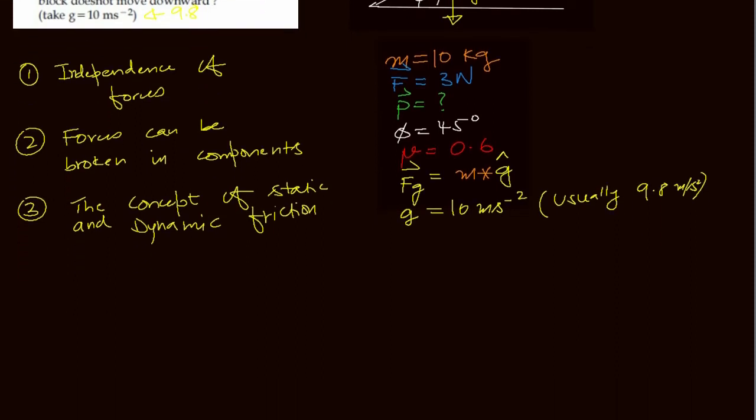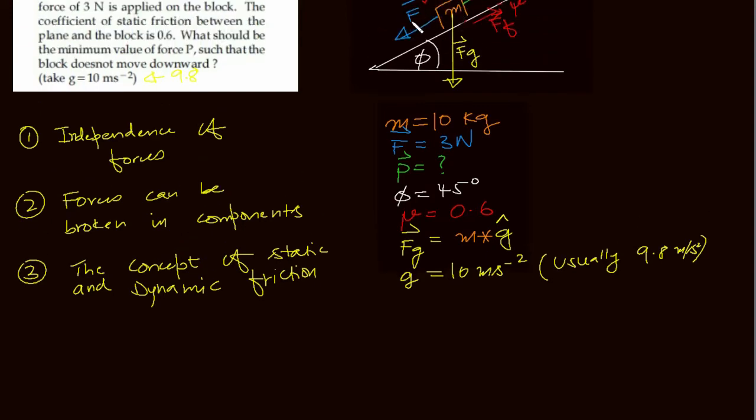Force Fg will have to be broken into components, because F going downward, P, and force of friction are all in the same dimension, maybe in opposite directions, but force of gravity is a little different. It is going downwards. So let's see if we can break force of gravity into components.